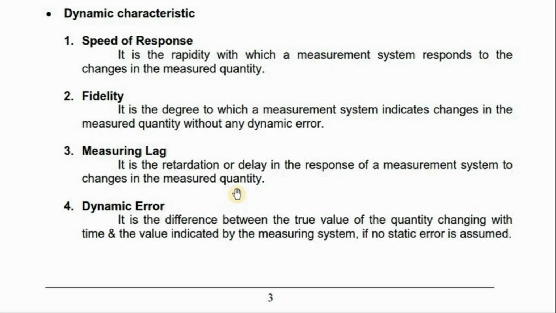When the temperature is actually 23 degrees, the measuring system is showing 19 degrees. The measuring system is not showing the actual value in time. There is a delay in its response.